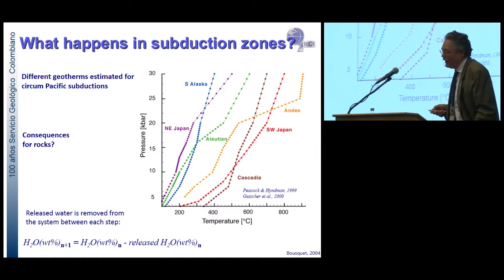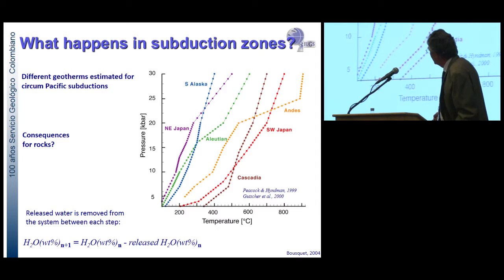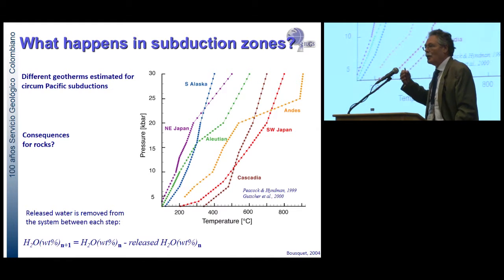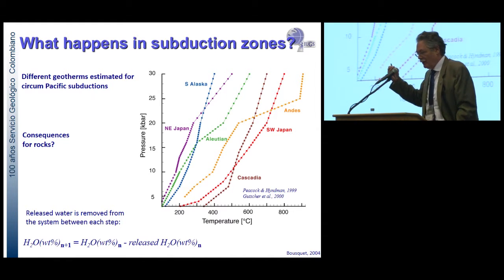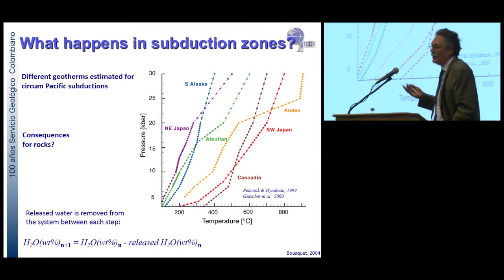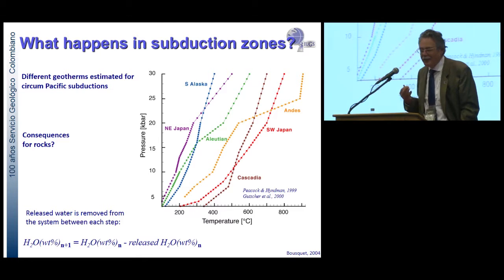I must add a little bit. When you do these calculations, the petrological calculations, and you bring some rocks from the surface down, they release water. Now you can leave this water in your model, or you can do what nature is doing. You can eliminate it. What we did in our calculations is we eliminated the water.